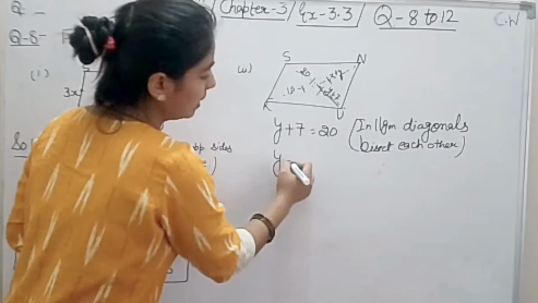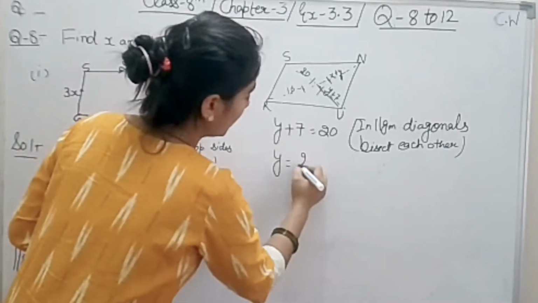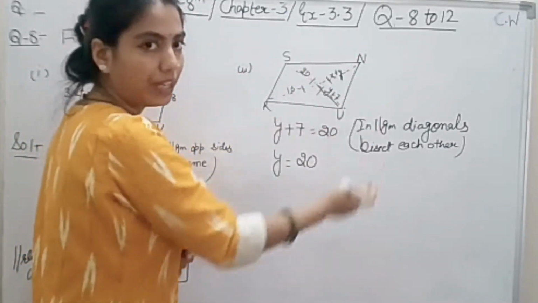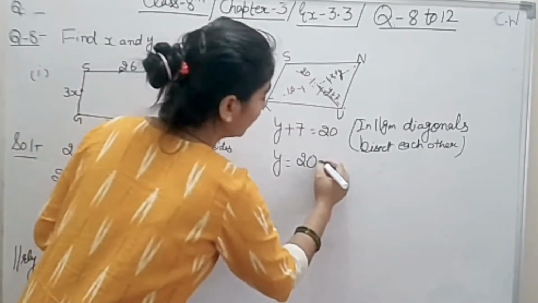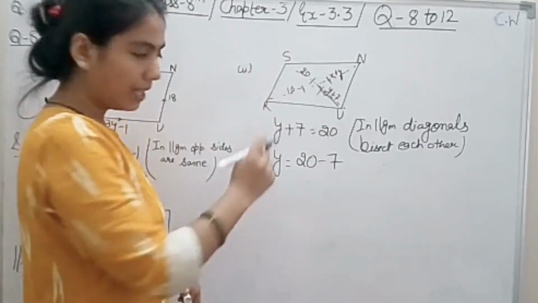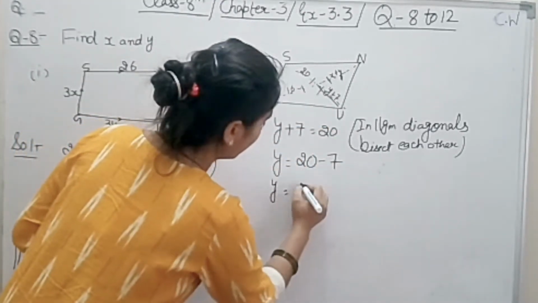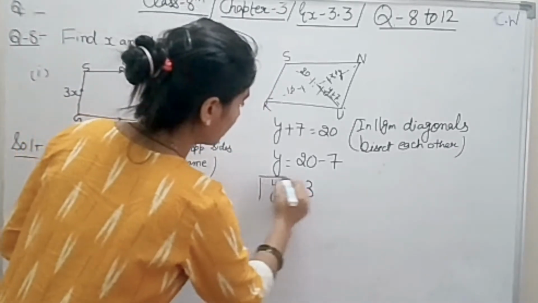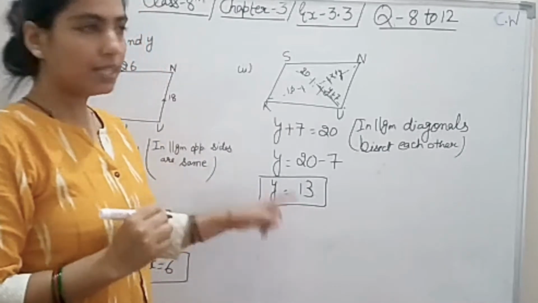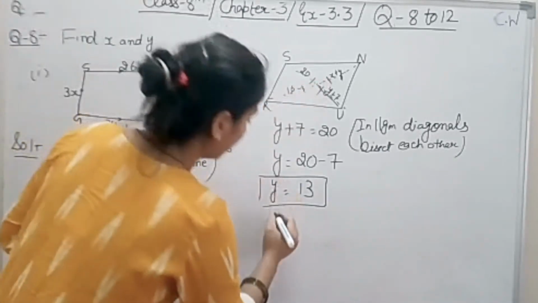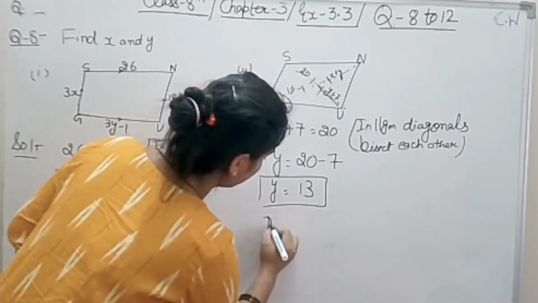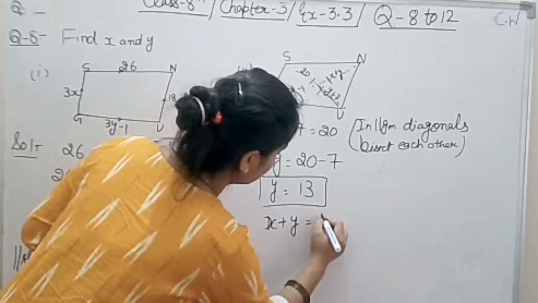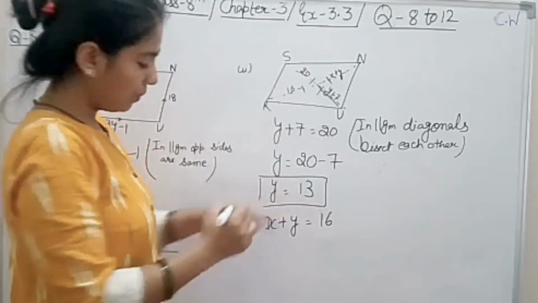So the y value we can easily find out. 20, there is a plus, so when it shifts, it will convert into minus. So 20 minus 7, 13. Now y value is 13. So in the same manner x plus y is equal to 16 and we know y value is 13.